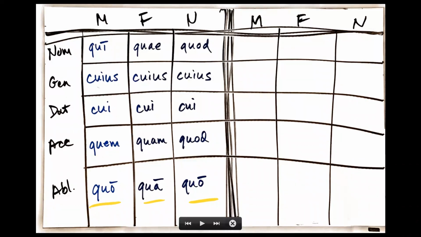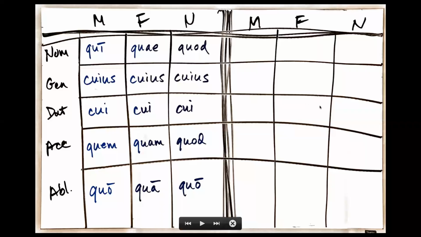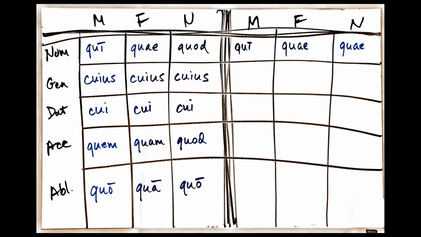Okay, now let's go to the plural. Here we've got the plural. If you want, at any point, you're always welcome to pause this to try to predict what comes next. What do you think the nominative plural is going to look like? Qui, quae, quae. Could you have predicted this? Not necessarily.